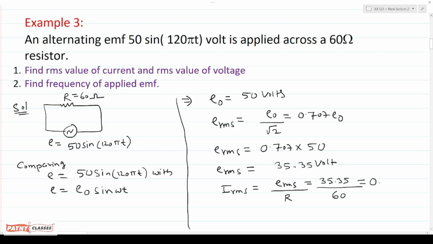This is equals to 0.589 amperes. So we have answered the first question, that is find RMS value of current and voltage. So what is the result? I RMS equals to 0.589 ampere. This is the first part of the result, and the E RMS value equals to 35.35 volt.